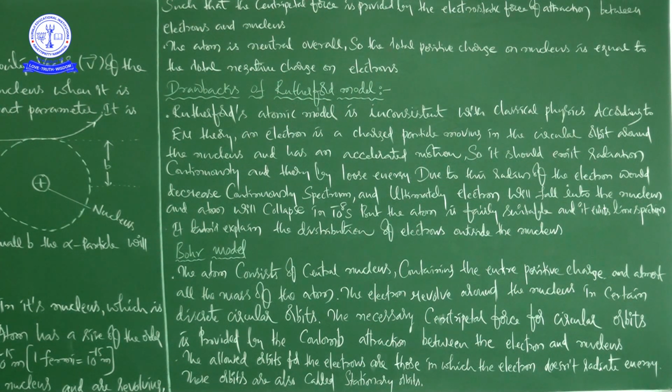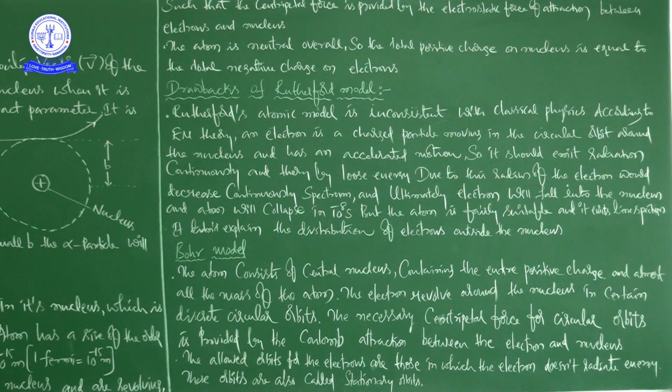First he has given the information that the atom is neutral overall, but why is it neutral? Because the total positive charge on the nucleus equals the total negative charge on the electrons. So finally, what is the net charge? It is 0. When it is 0, you can say that the atom is neutral overall.